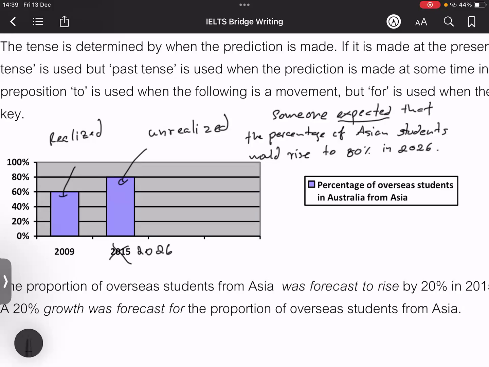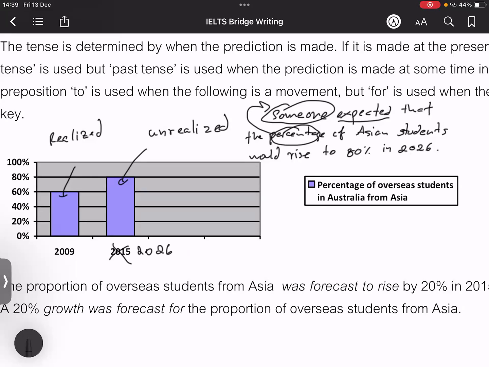But it is quite clumsy and awkward to put someone as a subject because we don't know who that person is. So I like to drop this unknown subject. So how do I do that? Well, I can make this the subject instead of someone. I can replace someone with percentage.